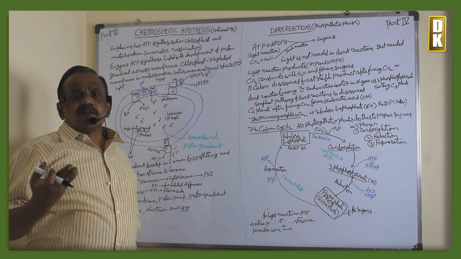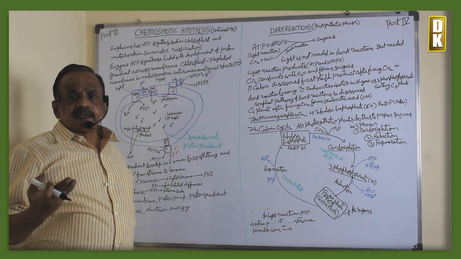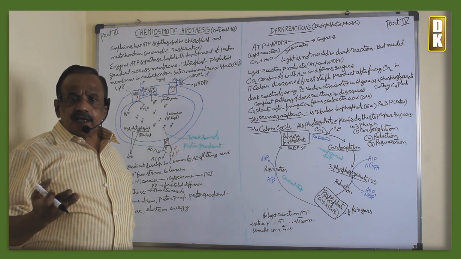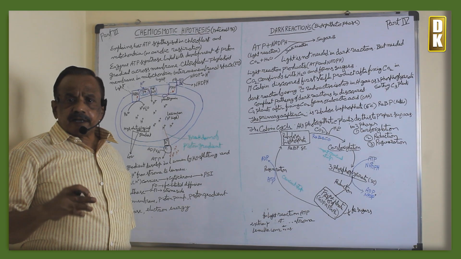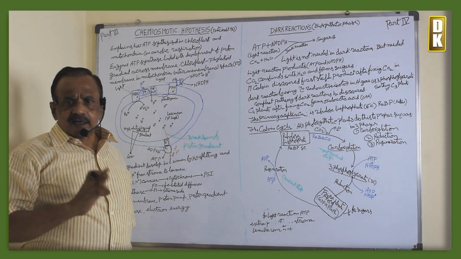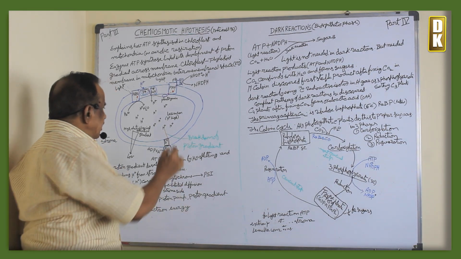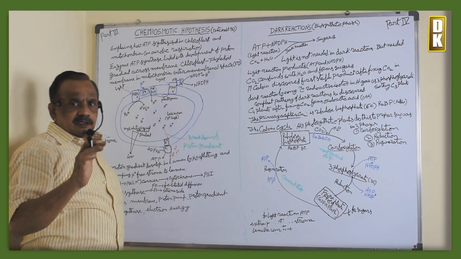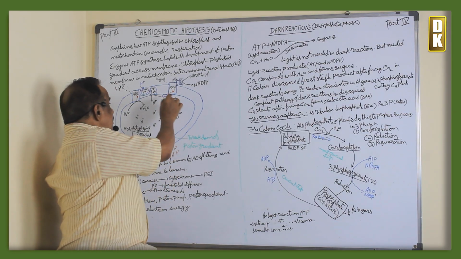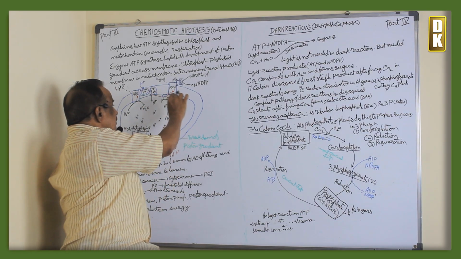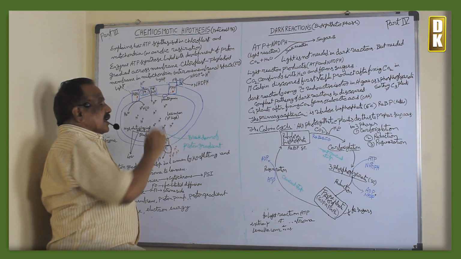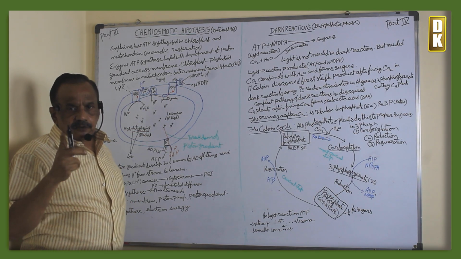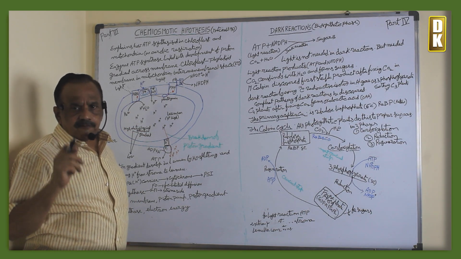In the plasma membrane, what did you read? It is a bi-phospholipid layer with integral proteins and peripheral proteins, and all its functions apply to this membrane. Remember, this is most important. So in this membrane, light harvesting systems exist, photosystem 2 and photosystem 1.